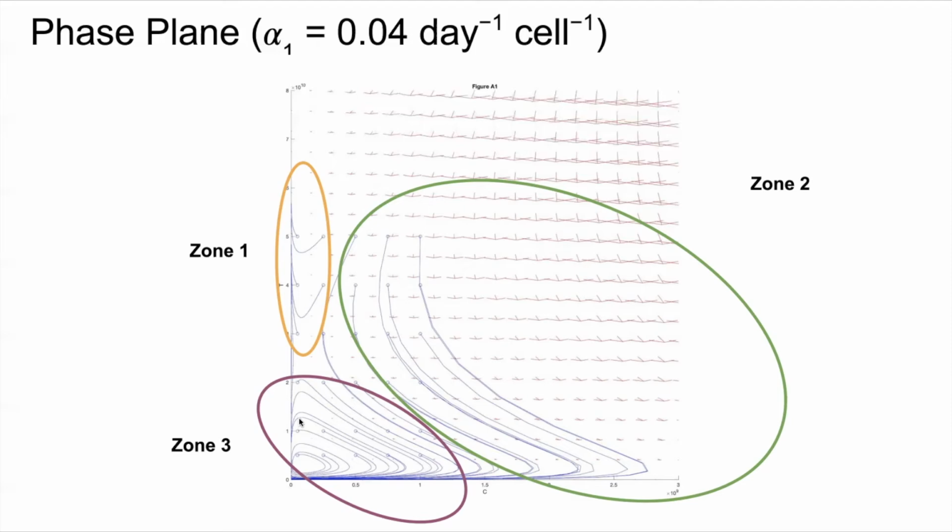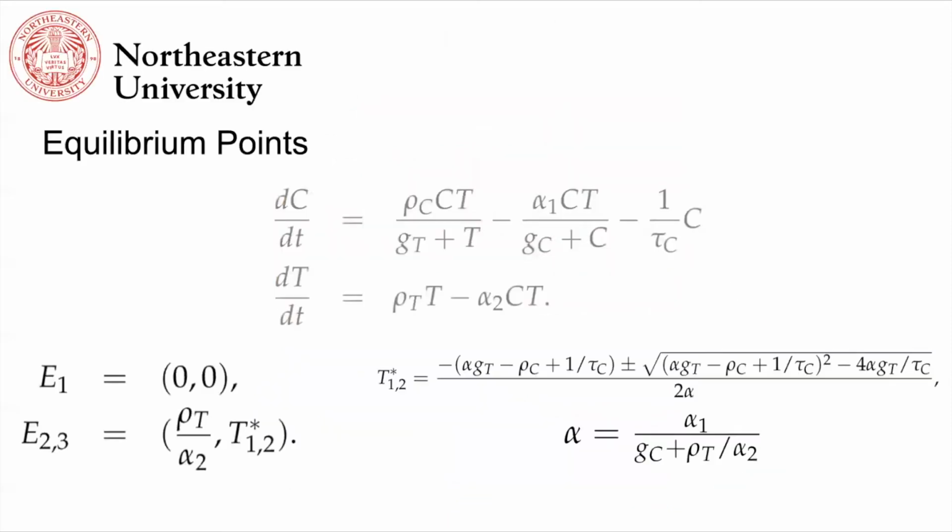To better understand how each zone changes due to the tumor inactivation rate, we can analyze the equilibrium points. There are up to 3 equilibrium points in the system with these values. The presence of equilibrium points 2 and 3 is dependent on the discriminant seen on the right here.